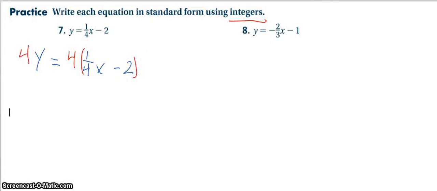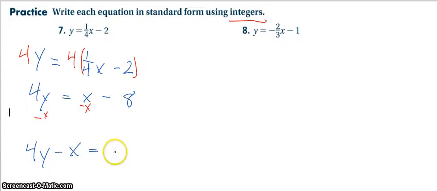It also has to happen to the left side, which then leaves me with 4y equal to x minus 8, because after that 4 distributed, and then because I want the y and the x on the same side, I would subtract the x from both sides, and we would get 4y minus x, or minus x plus 4y, and order is kind of up to you, is equal to the negative 8, and there we would have it in our standard form.